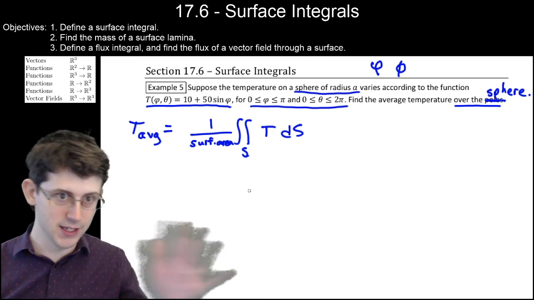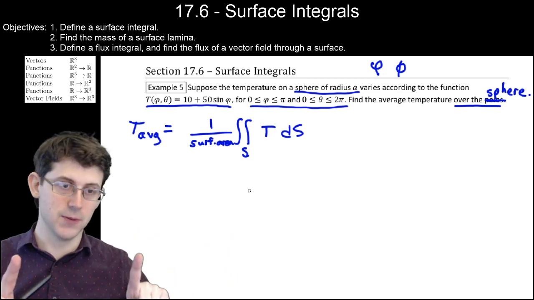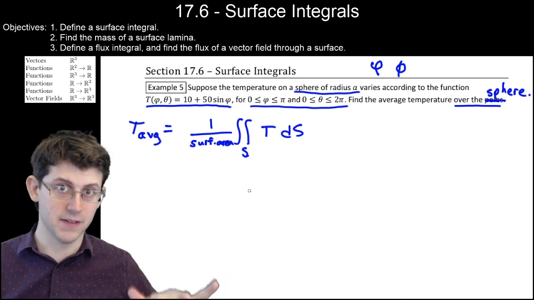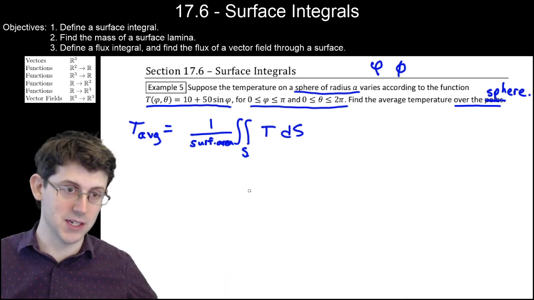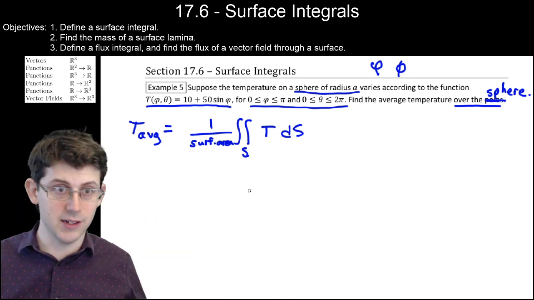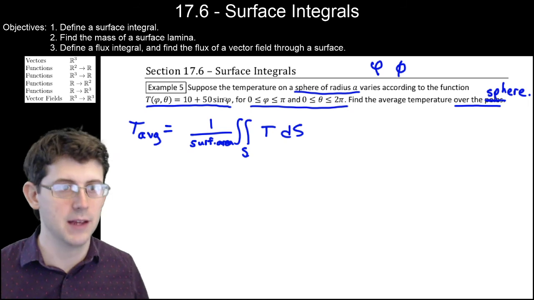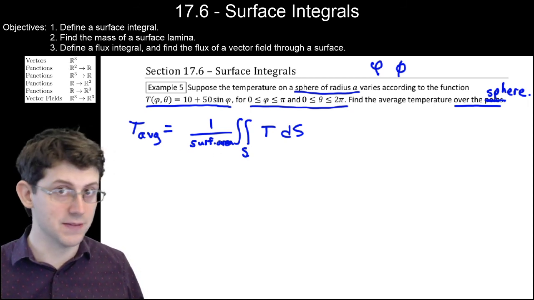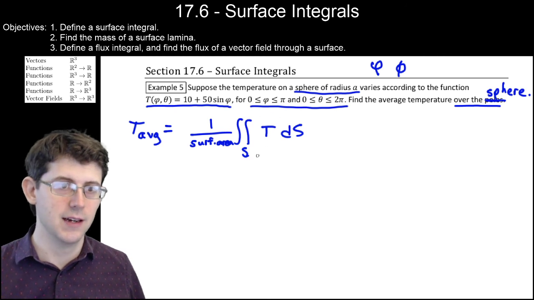You did the integral, and then you divided by how long the interval was. Or the average over a region is you do the double integral of the function, and you divide by the area of the region. Or the average over 3 dimensions is you do the triple integral, and you divide by the volume of the region. This is a surface S, so we're going to divide by the surface area after we do the integral.